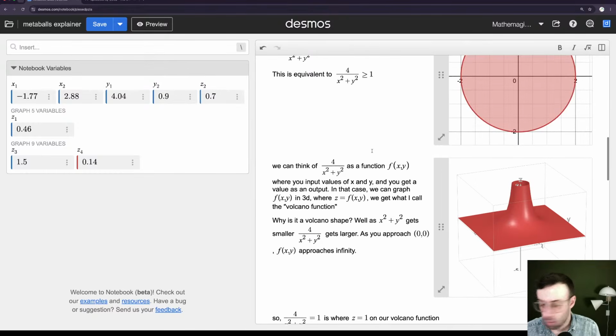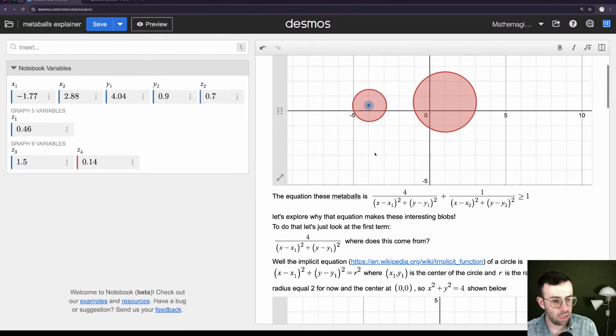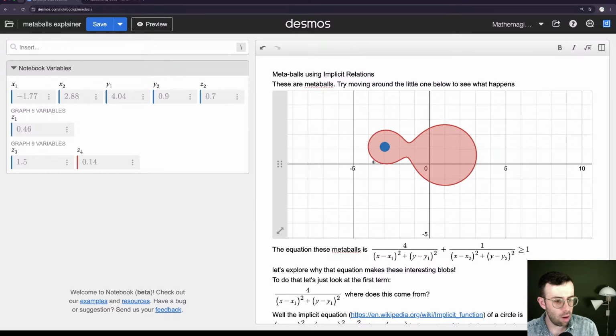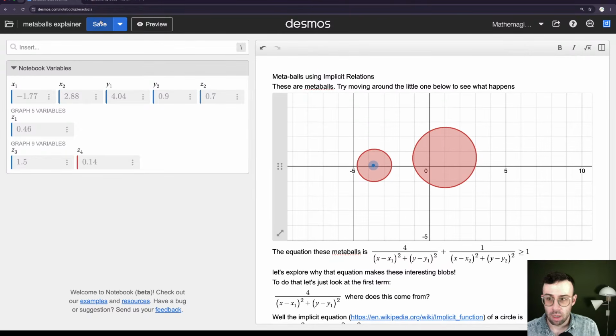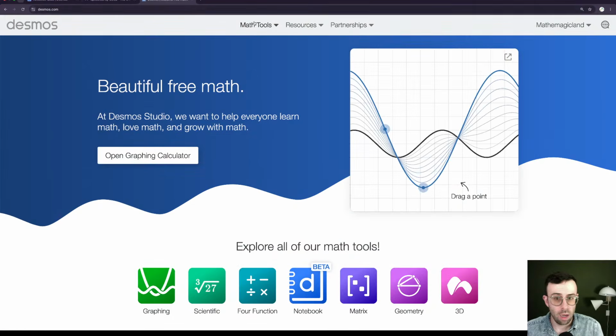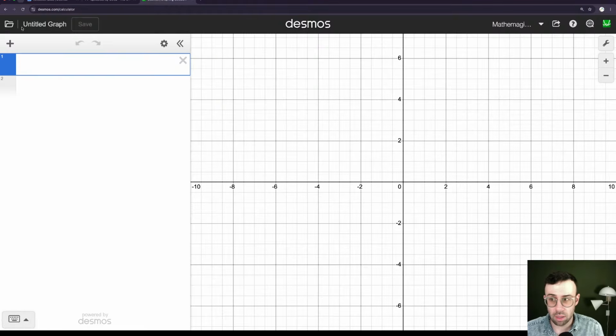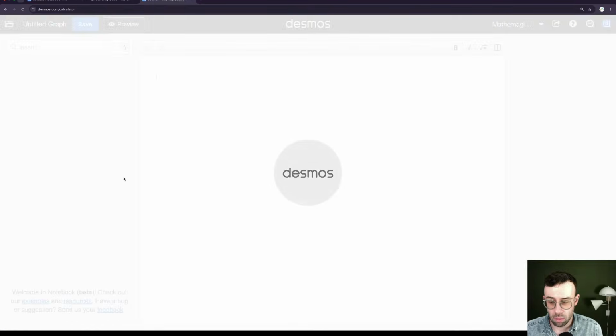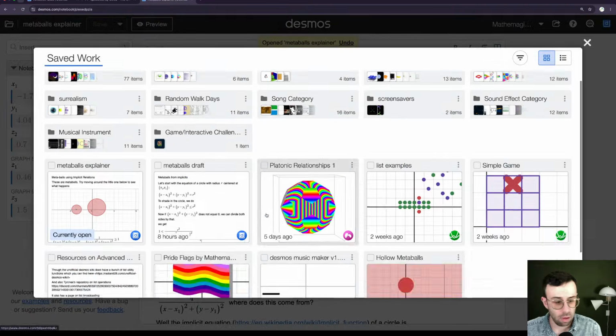One of the reasons I wanted to pick this one is because I want to make my Jujutsu Kaisen animation better. And someone had the idea of using metaballs. Nope, that's the exact same graph as before.